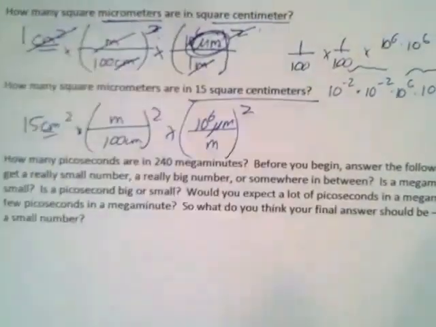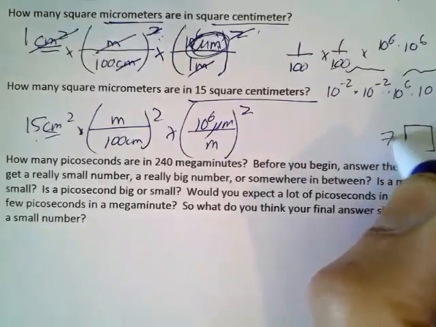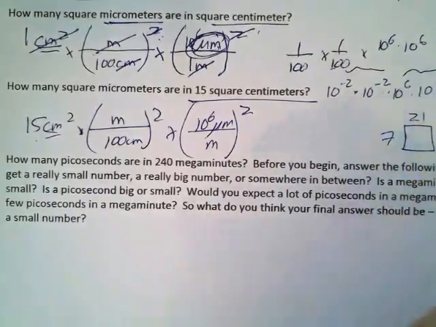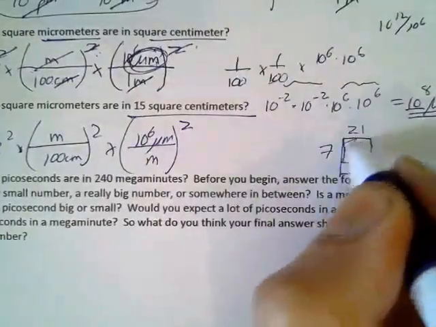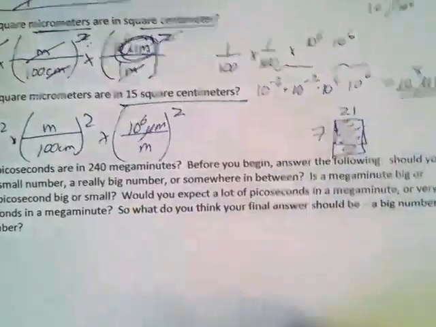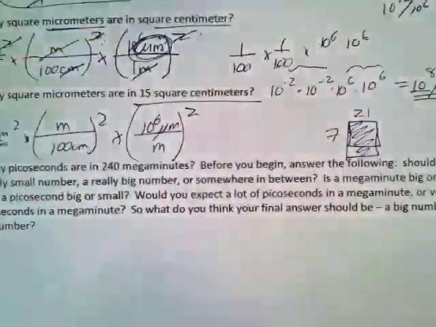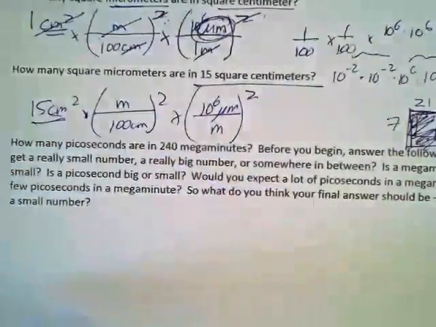This is an area. Say somebody says, hey, this is a 7 by 2.1 area. When you do that multiplication, you'd get like 14.7. Rounding up, you'd get 15 square centimeters because it's an area. And now we have to do the conversions.